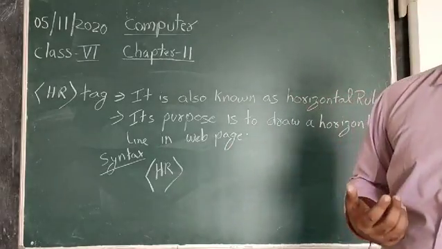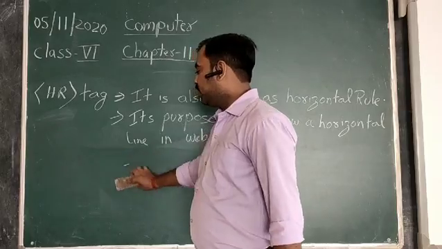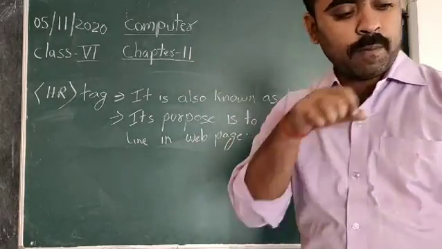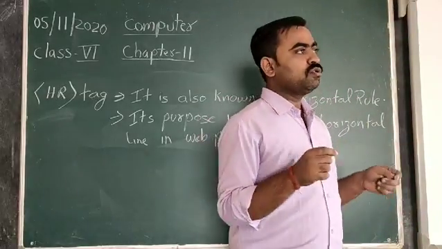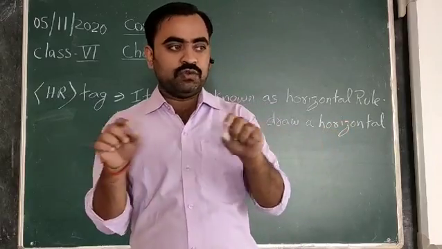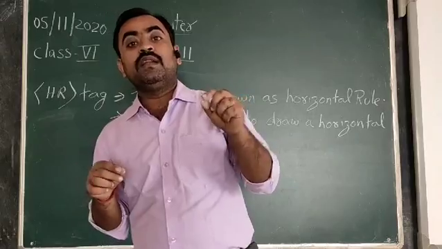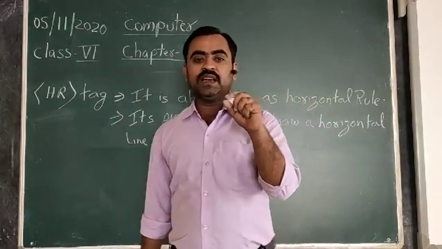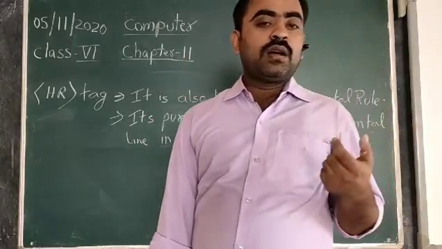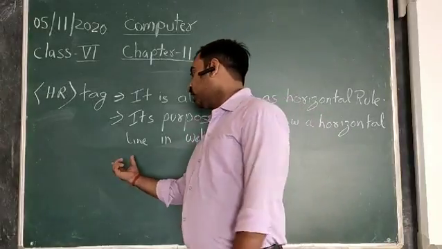Clear? Now there are different attributes of the HR tag. These attributes are generally used to specify the length of the horizontal line which you are drawing, then the width of the line, which decides the thickness, and then the color attribute, through which you can specify the color for the line.